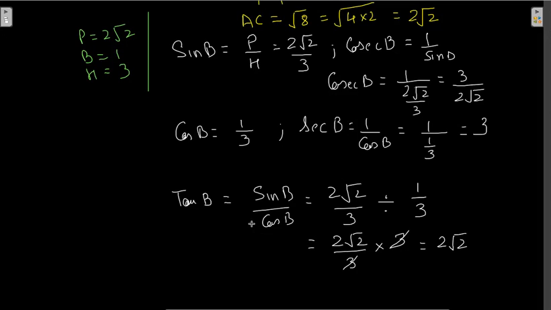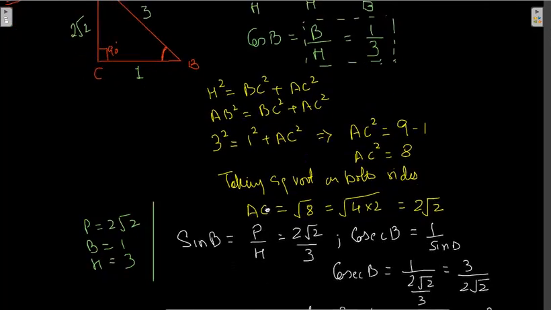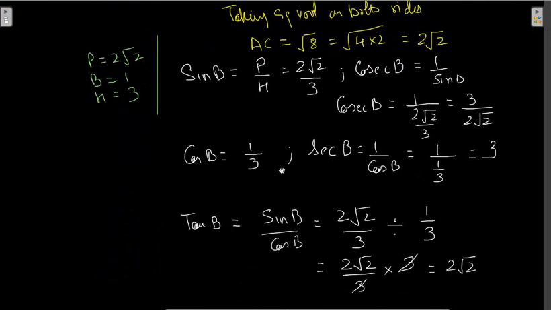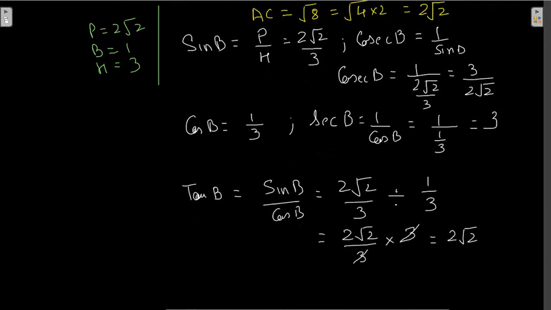And in case we were using perpendicular over base, what is the base here? Base is 1 and hypotenuse is 3. Sorry, perpendicular. What is tangent? Perpendicular over base. Perpendicular is what? Come on, we just found it, right?